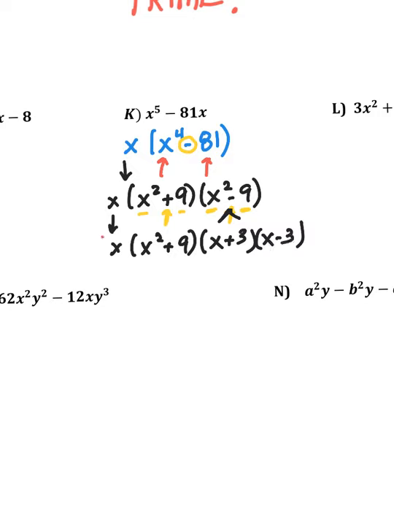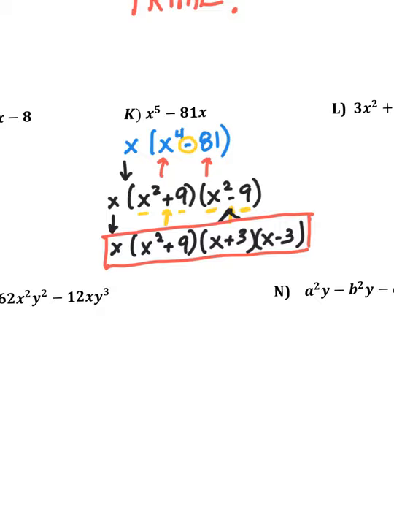Final answer: x times x squared plus 9 times x plus 3 times x minus 3, to give us the original binomial x to the fifth minus 81x. So even when you think you're done, keep asking yourself how you can finish this problem. All right, let's do a couple more problems.